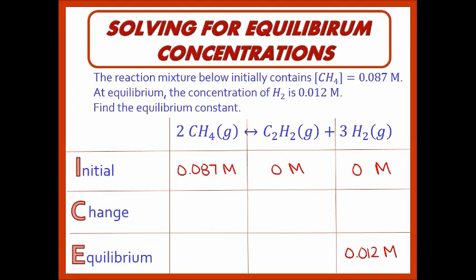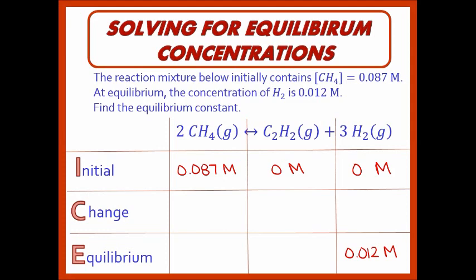An ICE chart is a way that helps us organize the information we're given in order to calculate the change in the concentration that occurs from the initial reactant mixture concentrations to the equilibrium concentrations, which we ultimately need to solve for the equilibrium constant. This change we designate with some factor of x.